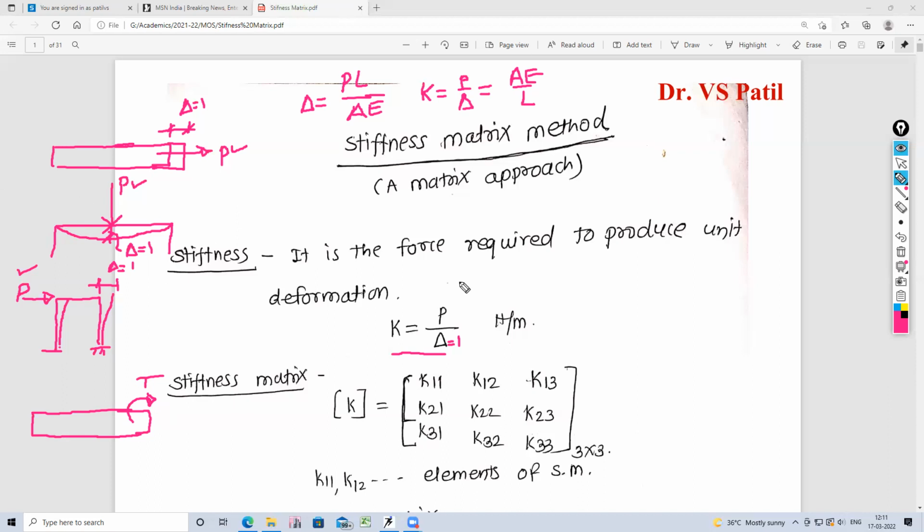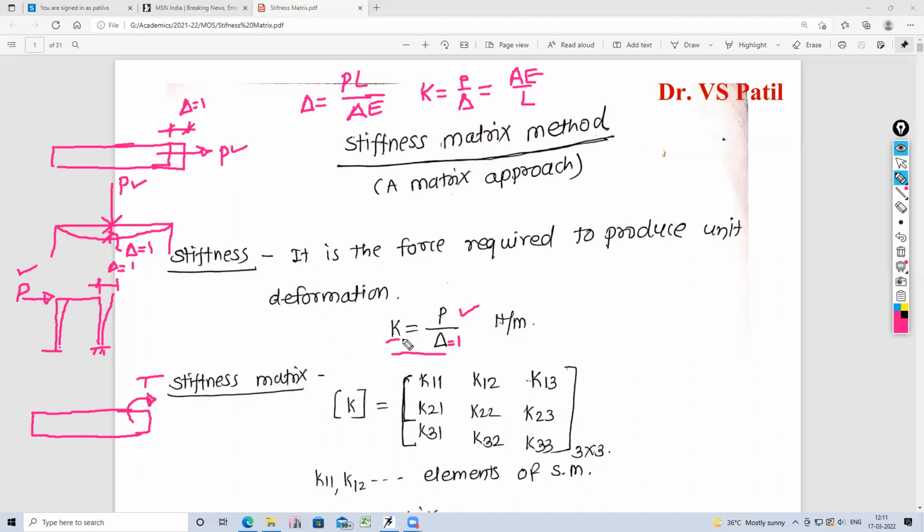Now in structural analysis, just remember this formula: K, the stiffness, equals P divided by delta. In the stiffness matrix method of analysis, it is required to generate three matrices.